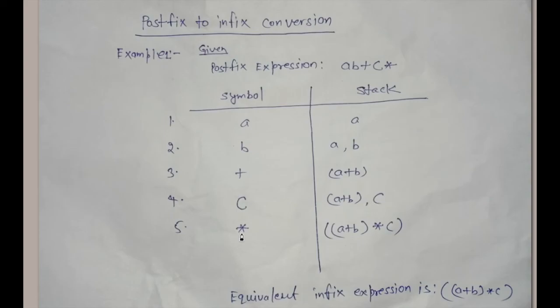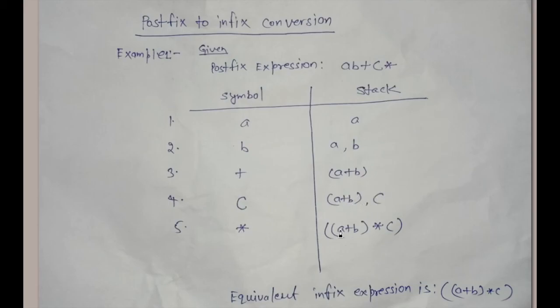Now next, after C, comes star. When an operator is there, again the top two elements are popped and the operation is performed. So A plus B is one complete element, and C is the second element.